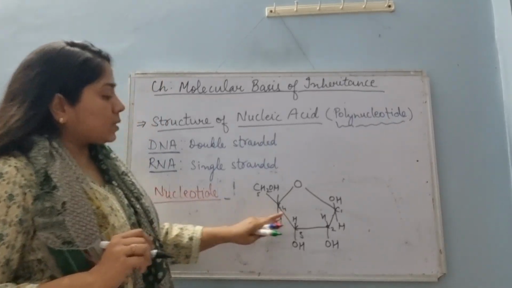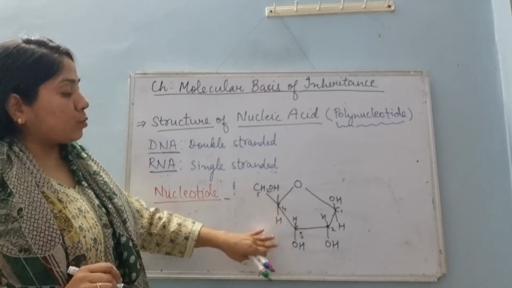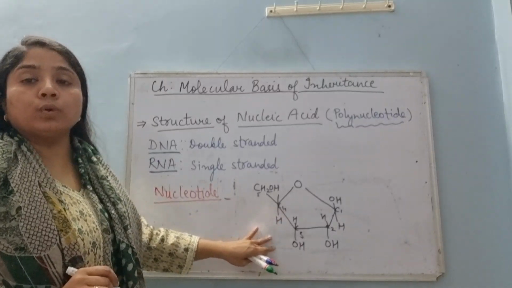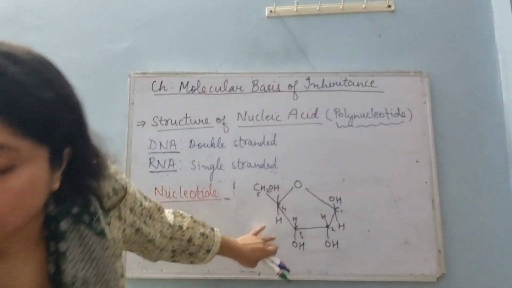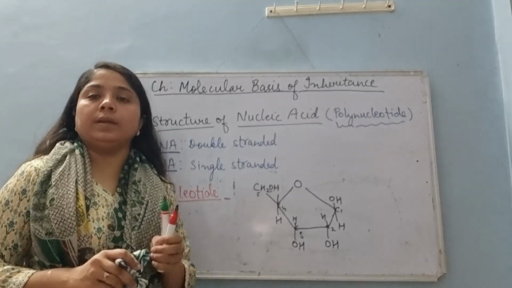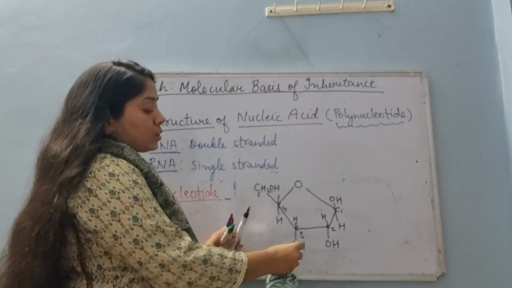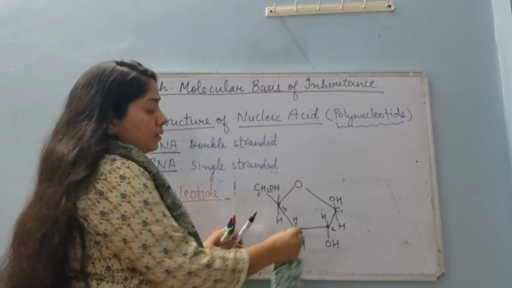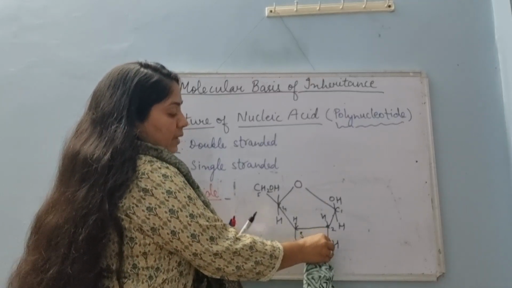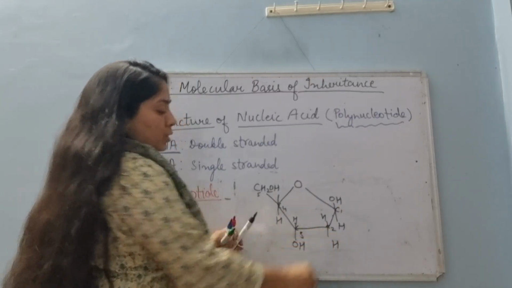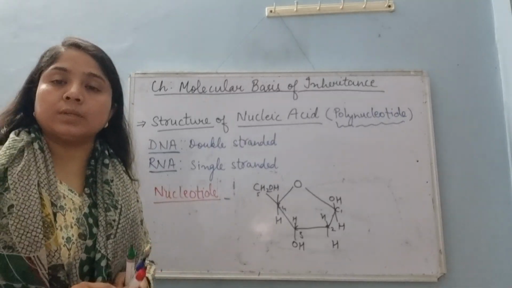Okay, so this is ribose sugar, which I have drawn in front of you. What is deoxyribose sugar, which is found in DNA? Deoxy, the name itself tells us that oxygen has been removed. From where? From the second position, from the second carbon. If we remove oxygen, then it is deoxyribose sugar.